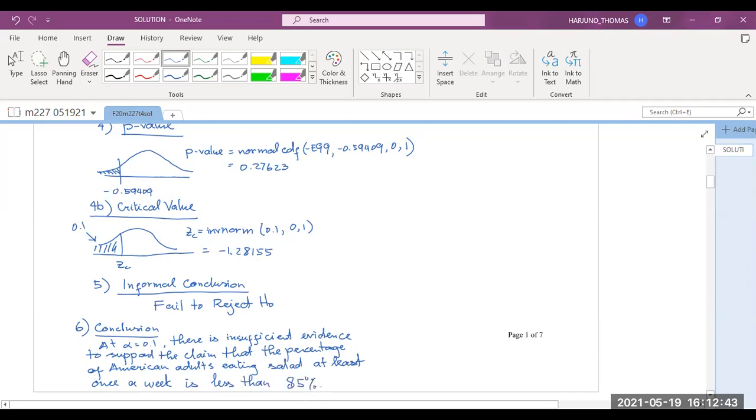The sample data does not support that claim. Okay, that's for number one.